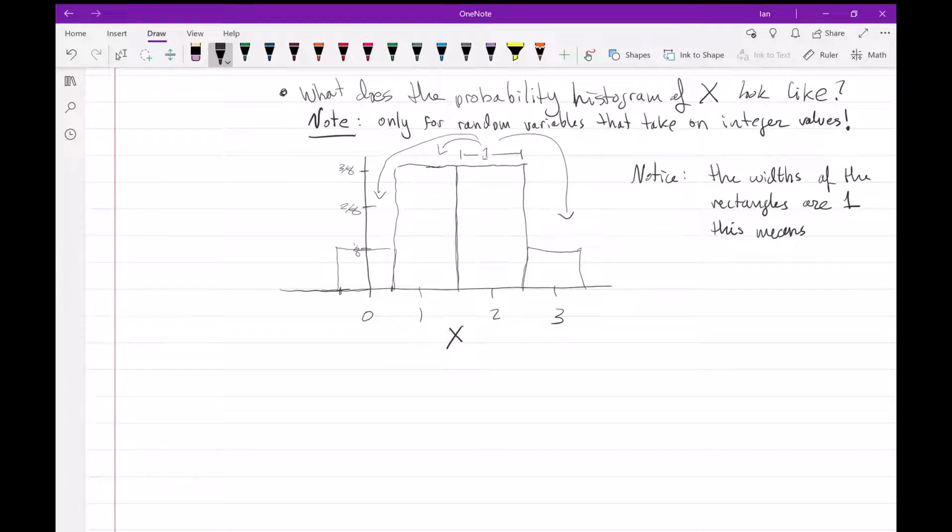So area of rectangle equals height, and thus the probability that x equals k is just equal to the area of the rectangle about k.